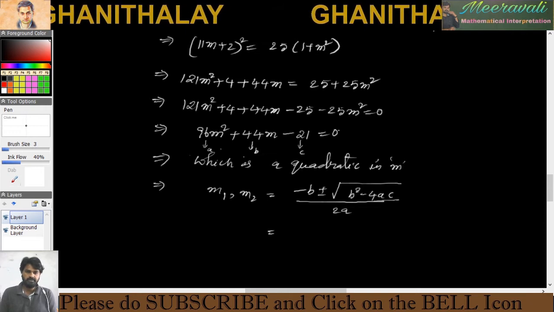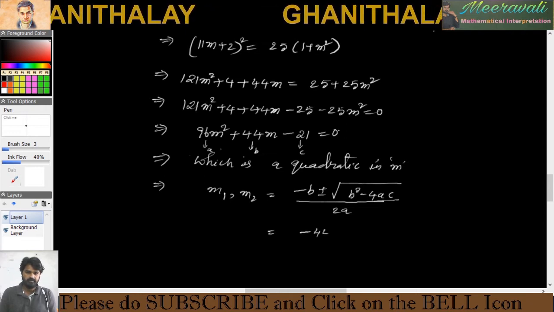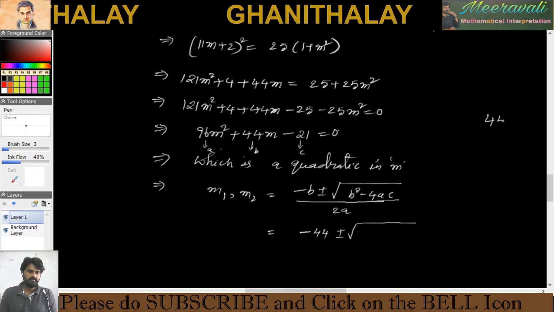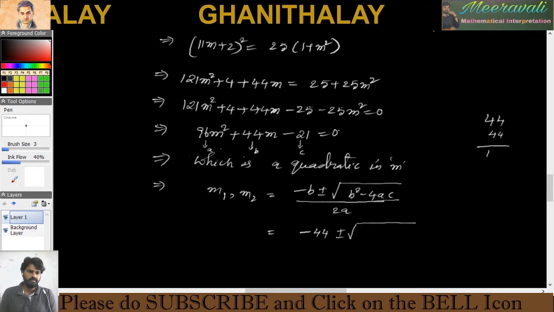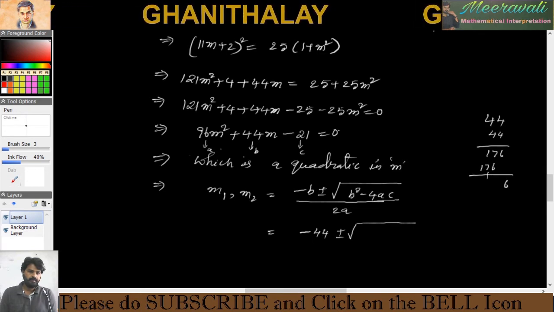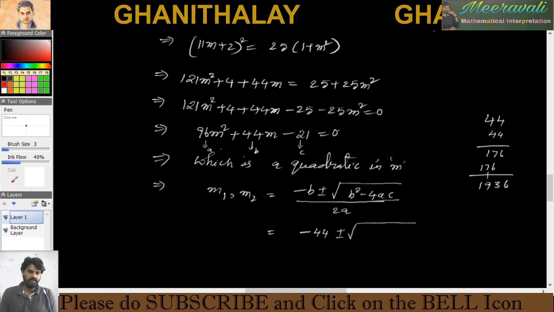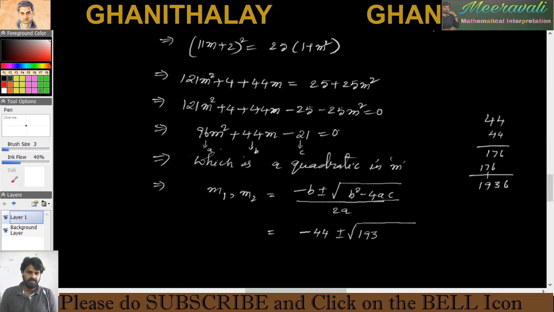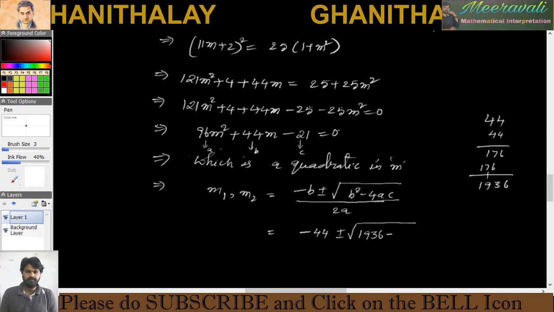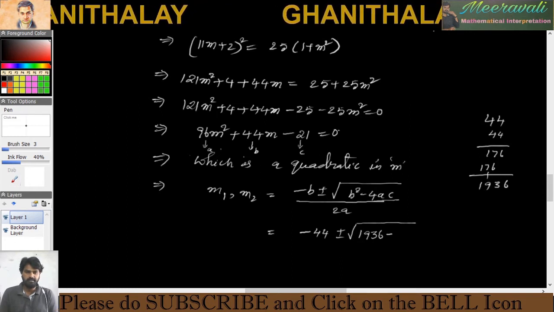So now substitute minus 44 plus or minus square root of 44 square. 44 into 44, 1936 is the 44 square. Next, minus 4ac. A means 96, c means minus 21.